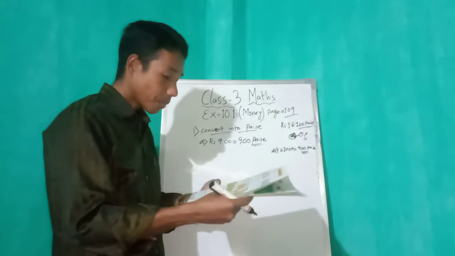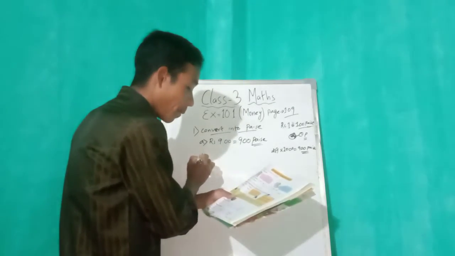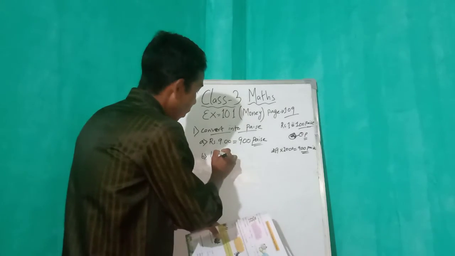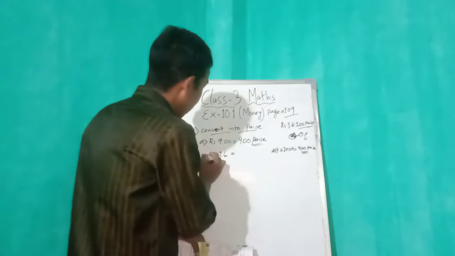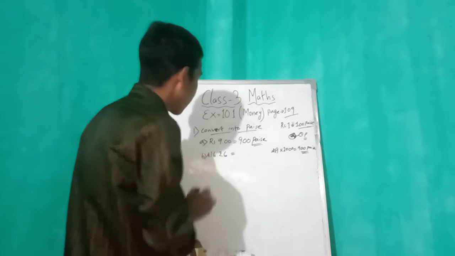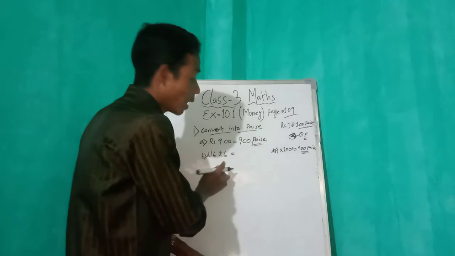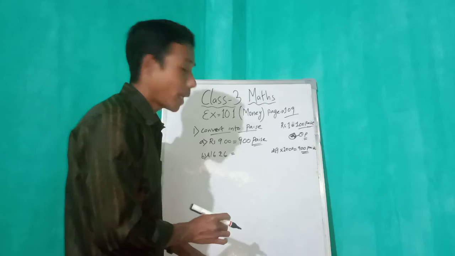Number B. What is the question number B? 16.26, this is rupees, RS, how much? 16.26, that means 16 rupees 26 paise.